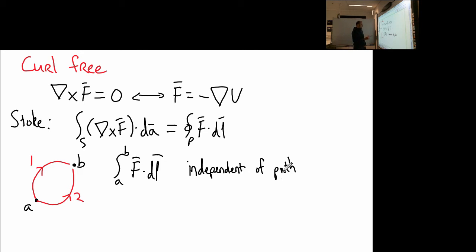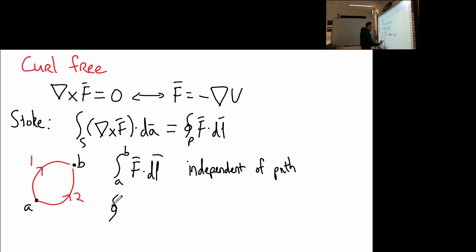Okay, now suppose we have a closed loop. We're going from A to B and then back to A again. Well, what we previously saw is, since it's position dependent, it depends only on the values of the function at the endpoints.